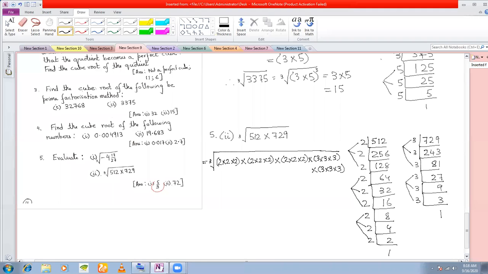Okay, 2 triplets of 3. So what do you get here? You get cube root of 2 cube into 2 cube into 2 cube into 3 cube into 3 cube.